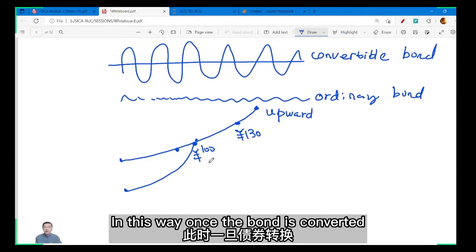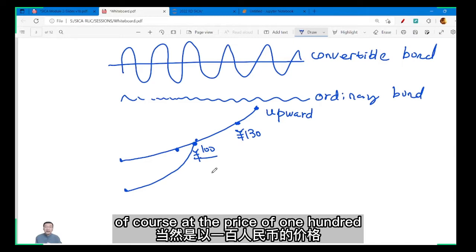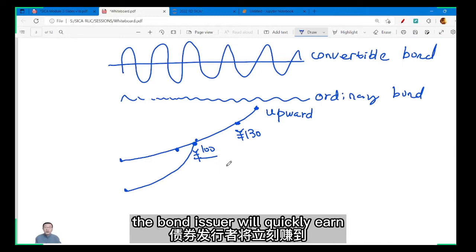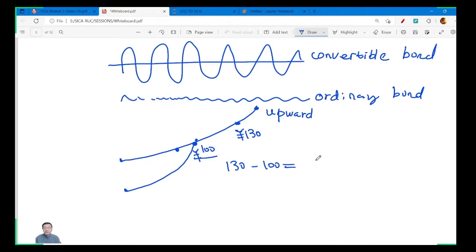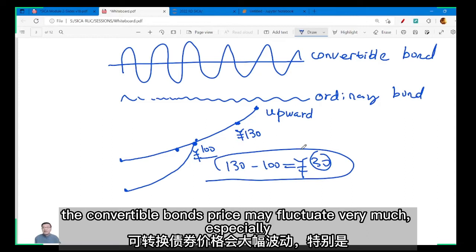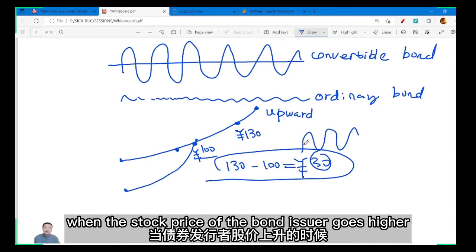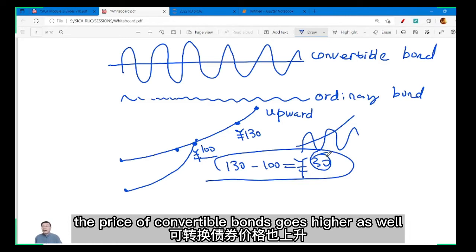In this way, once the bond is converted, of course at the price of 100, the bondholder will quickly earn the premium, which is 30. So, driven by this, the convertible bond price may fluctuate very much, especially when the stock price of the bond issuer goes higher, the price of the convertible bonds goes higher as well.